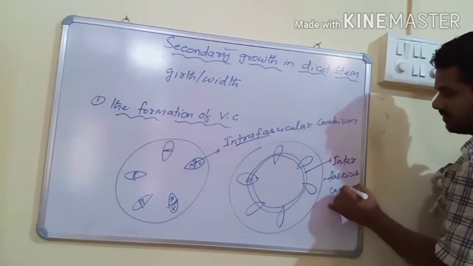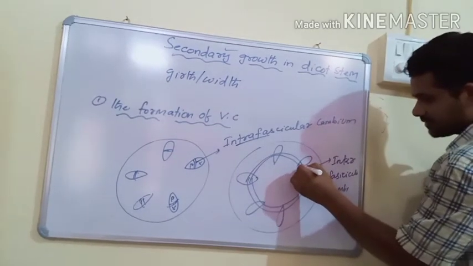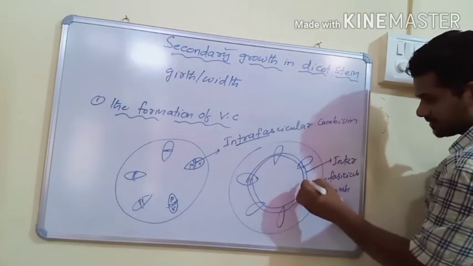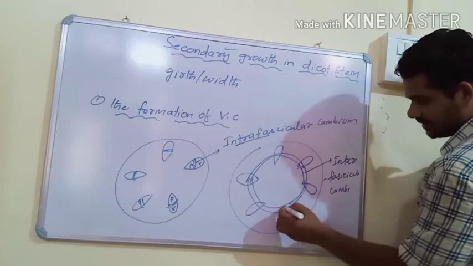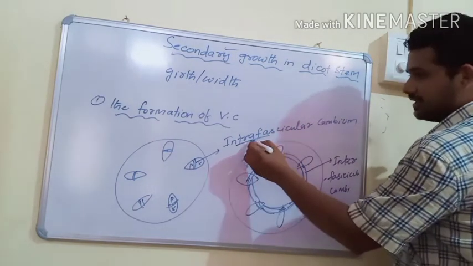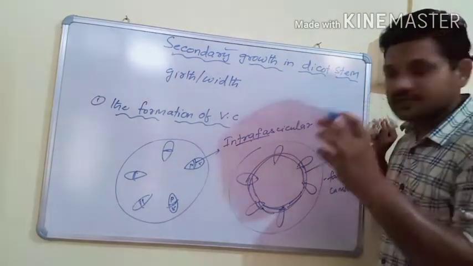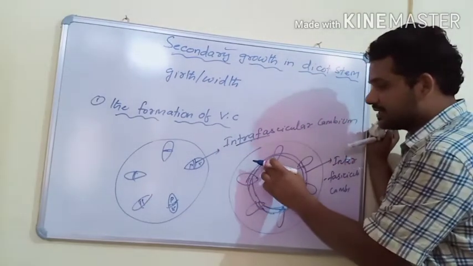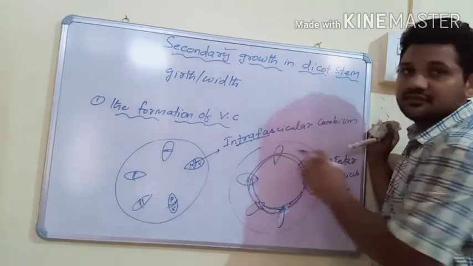So intra and inter: intrafascicular cambium is present between xylem and phloem, and interfascicular cambium is present between adjacent vascular bundles.